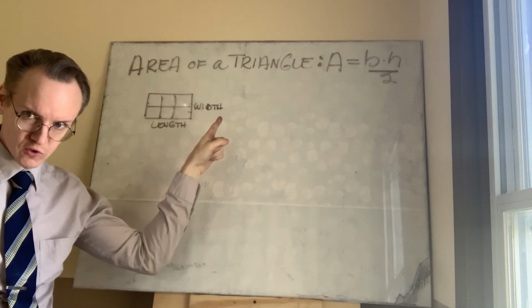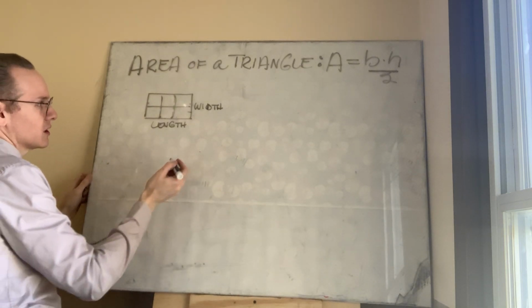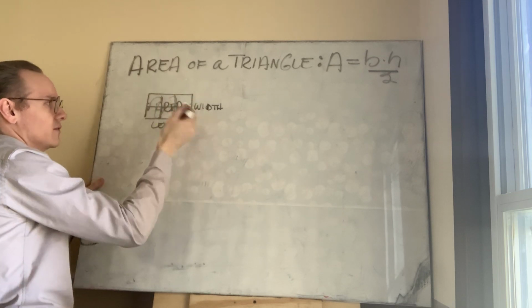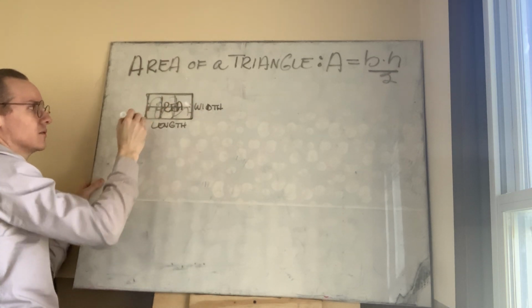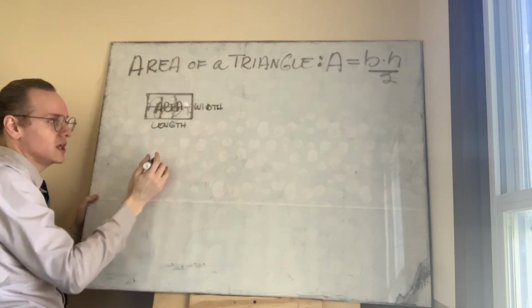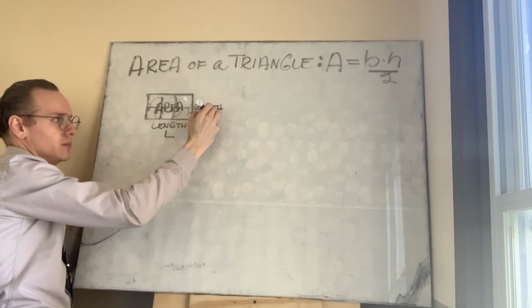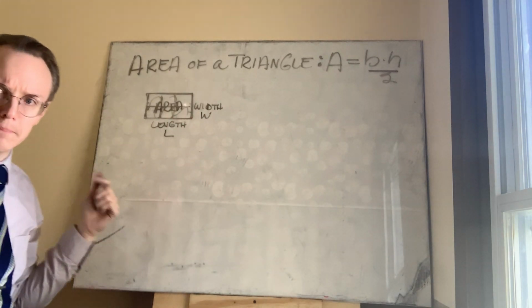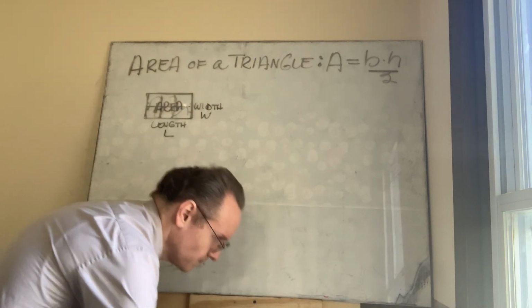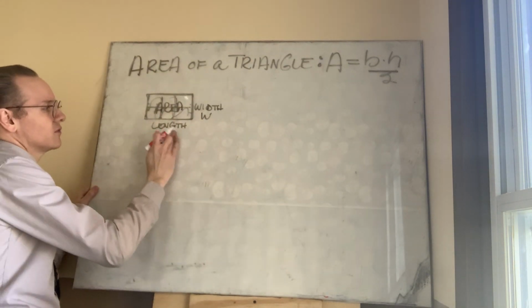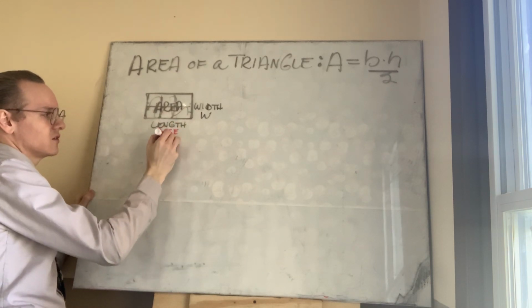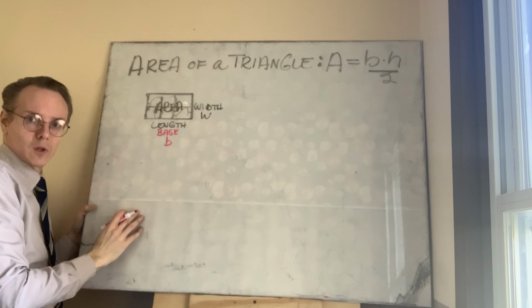They use different words. And usually when you're calculating an area, it's the amount of surface on the inside of this bounded polygon, the rectangle. Now the area formula is abbreviated L and W for a rectangle. But if they wanted to, they could change the labels. Instead of calling this a length, they could call this a bottom or a base, in which case the abbreviation would be a B.